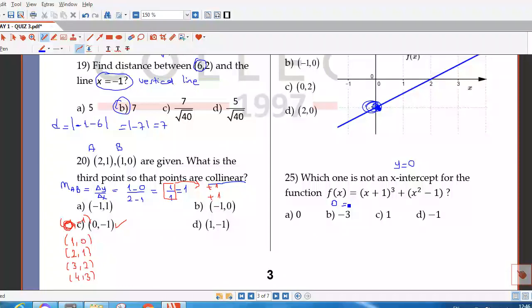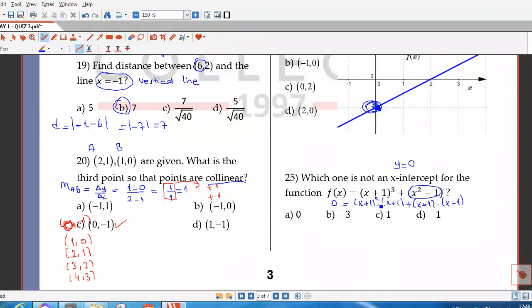If I write 0 for f of x, x plus 1 cube, x squared minus 1. I can do factoring like this to apply factoring by grouping. X plus 1 cube can be written x plus 1 squared times x plus 1, and x squared minus 1 is the special identity. I can write x plus 1, x minus 1.